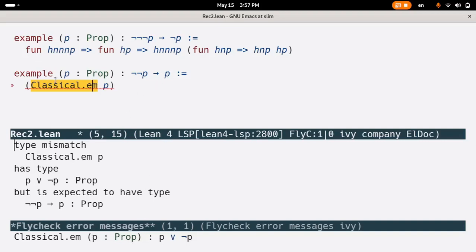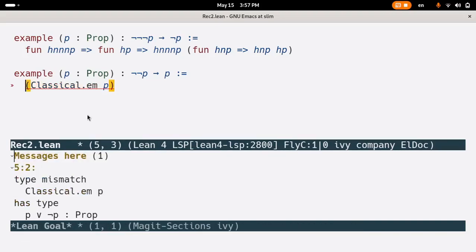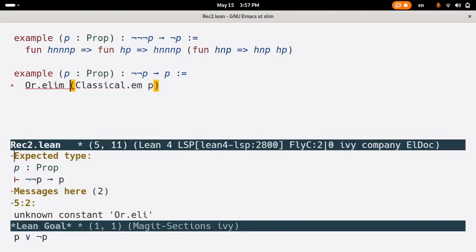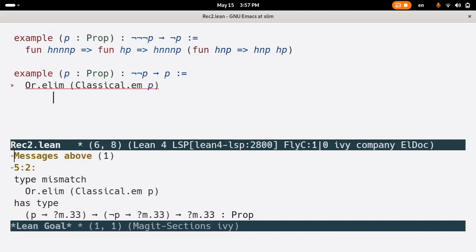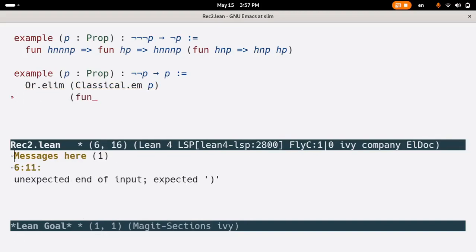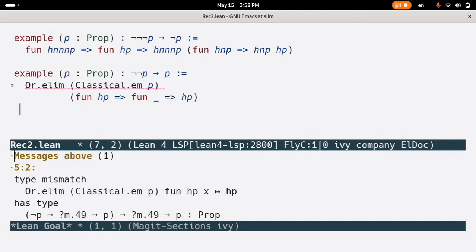Here I am supplying it the P that we have. So I can apply Or.elim on this, and on one side I have to take a proof of P and produce a proof of our theorem, which must be a function that returns a proof of P, which I already have.